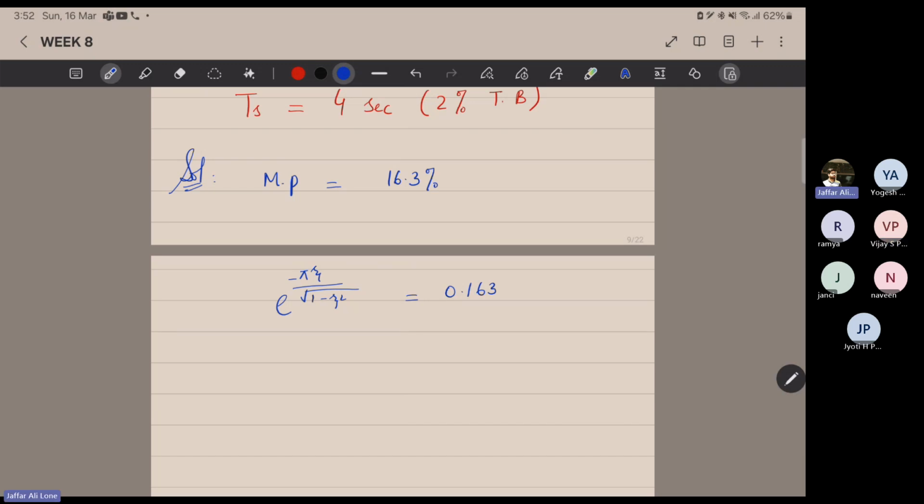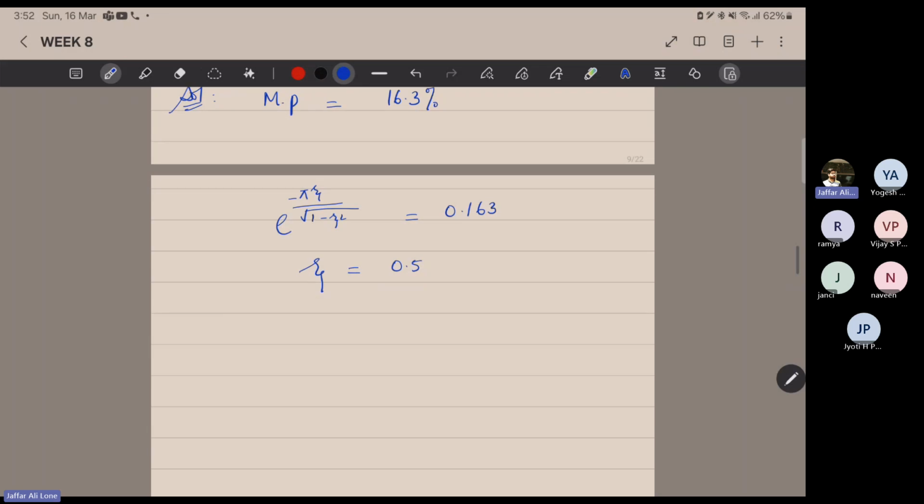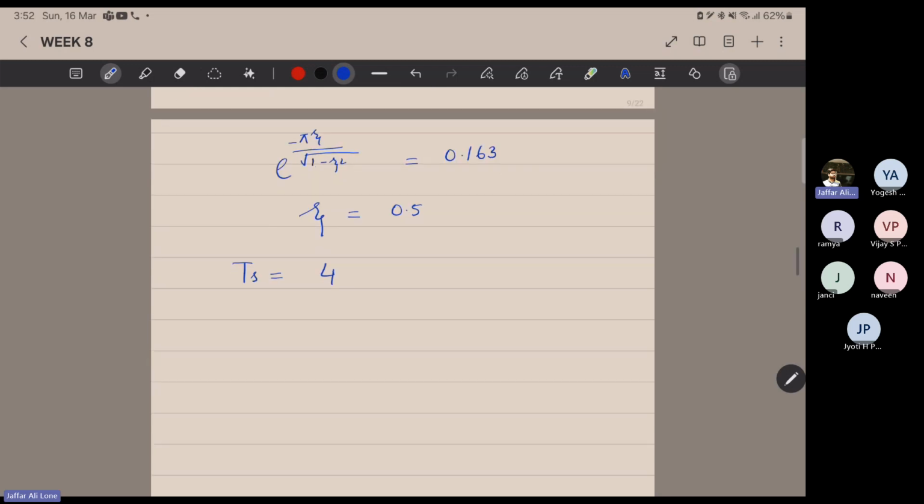Great. Everybody should have a calculator because the calculations will be complex. So if my zeta is 0.5 and the settling time is 4 seconds, settling time is given by 4 by zeta omega n, which is equal to 4.